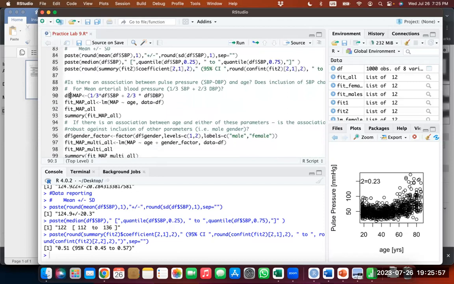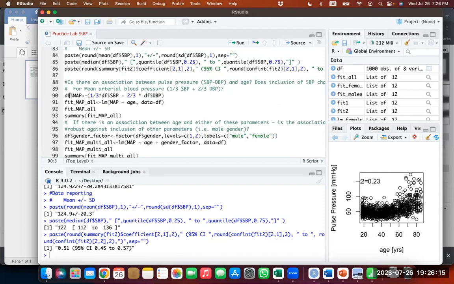Then we have the calculation of the mean arterial pressure, that's on line 90. Again, whenever you calculate something, R will go in a consecutive fashion, one by one through all entries that you have in your data set.